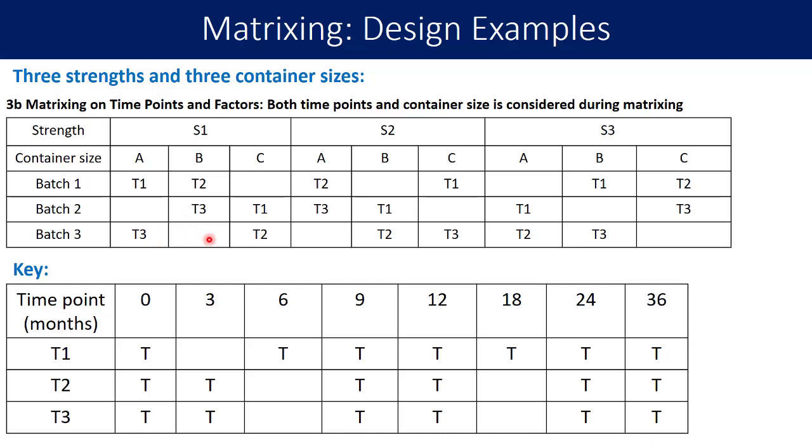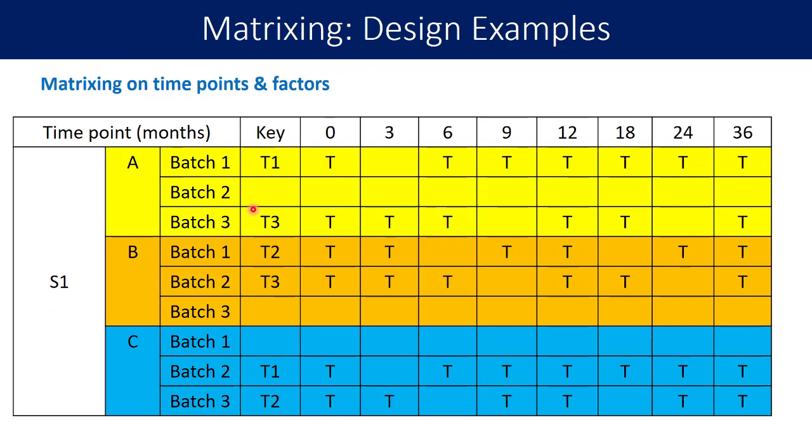Look at here, the cursor. So batch number 1 belongs to T2, batch number 2 belongs to T3. Remember this. So substitute the definition of T2, T3 over here, and as I said, there is no mention of batch number 3 for container B.